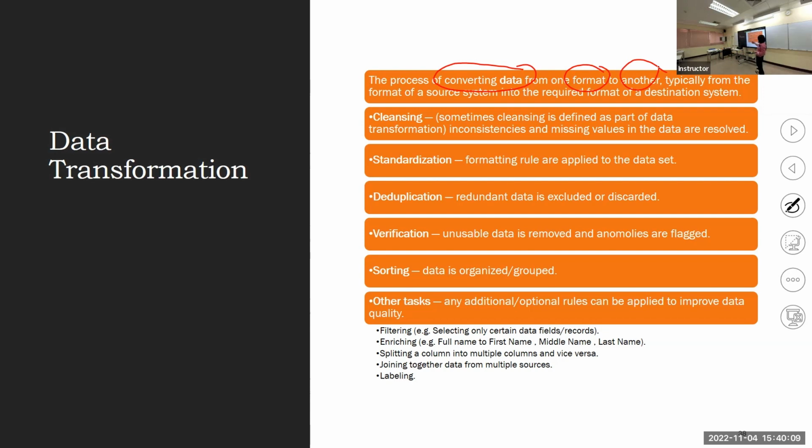Not in terms of format like Microsoft Word to PDF or something like that. There is not a data format in that way, right? But the format of the data could be things like date of birth, which you convert into age. This is also transforming.